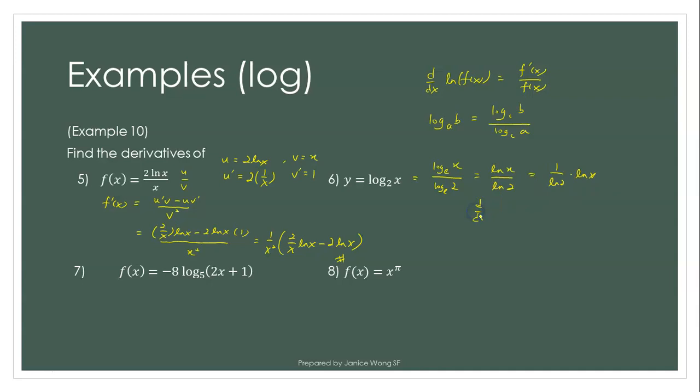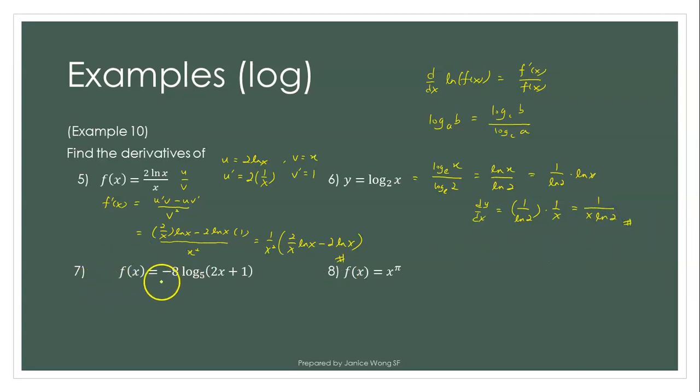So the derivative for this function, dy over dx, will be equal to, how do you differentiate 1 over ln 2 times ln x? 1 over ln 2 is just a constant multiple, so I keep it, times the derivative of ln x, which is 1 over x. So this is the answer. Or if you want to combine, we can write it as 1 over x ln 2.